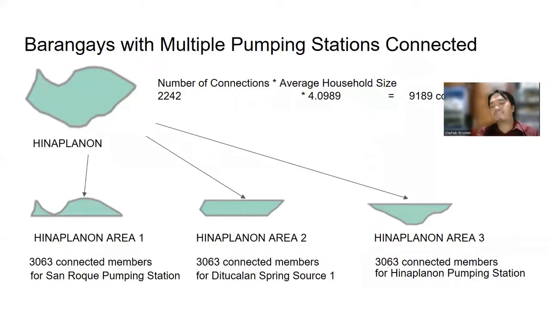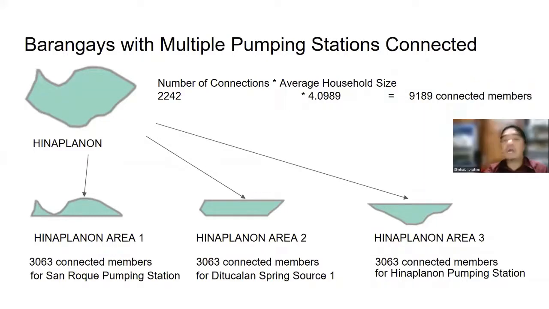Now, how did we deal with the barangays with multiple stations connected? Because we have to project this into the GIS. So suppose we have this polygon of Hinaplanon. This is what Hinaplanon looks like.